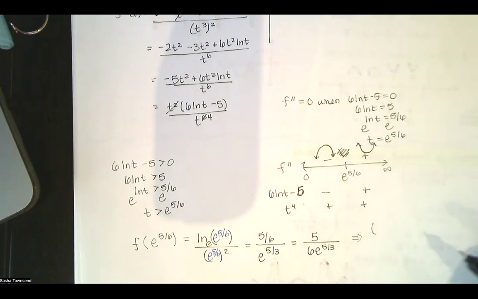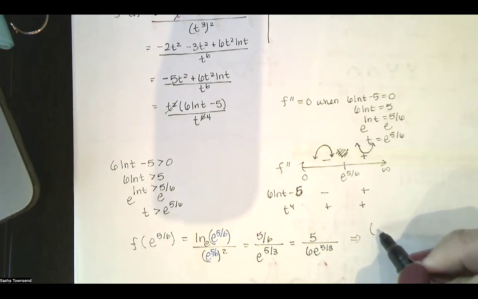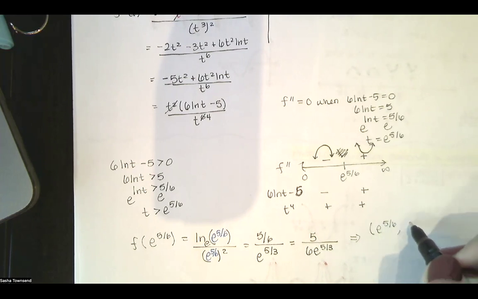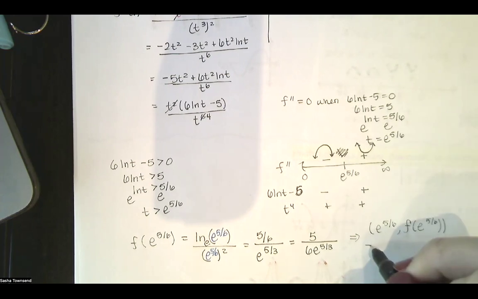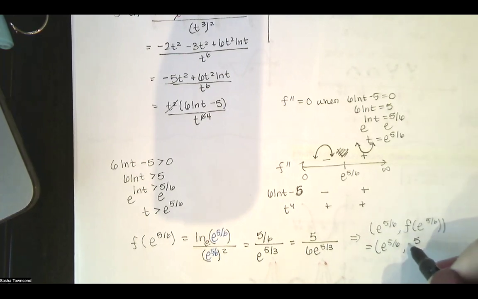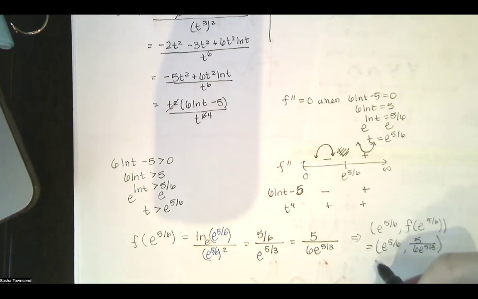Provided that I did my arithmetic and my algebra correctly, e to the 5/6 and f of e to the 5/6, which is e to the 5/6 and 5 divided by 6, e to the 5/3. That is our point of inflection.